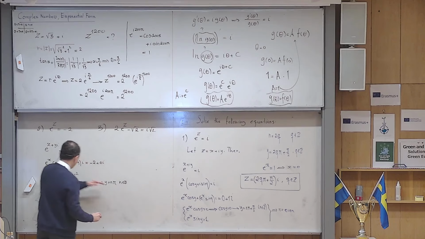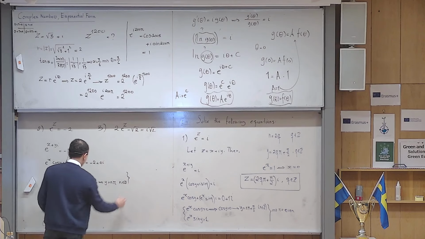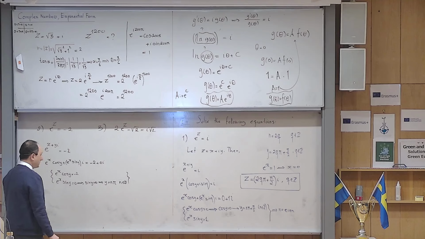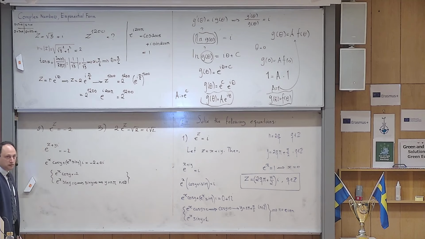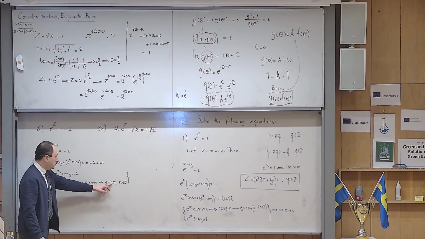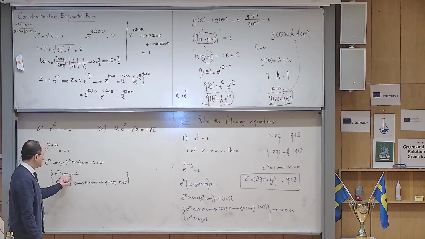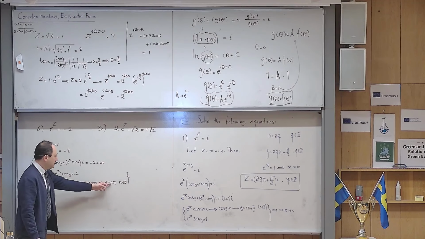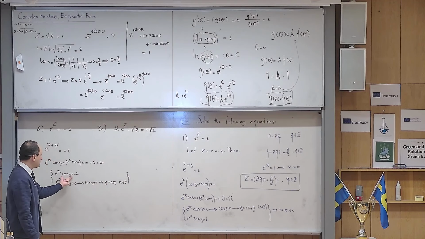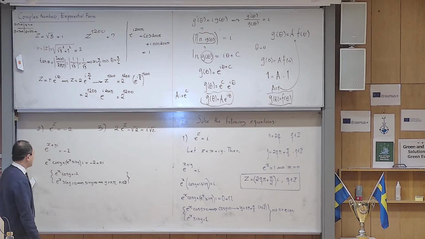But now, if I consider together that it is a system, what can I say about n? Odd, yes? Because if n is odd, then cosine becomes negative 1, which makes sense. If n is even, cosine becomes positive 1, then I will have e to power x equals minus 1, which will not work.